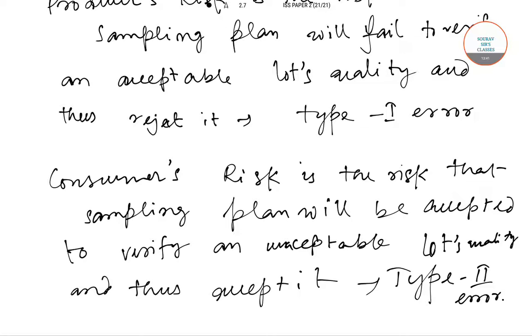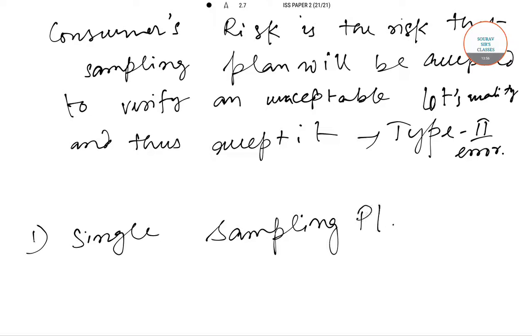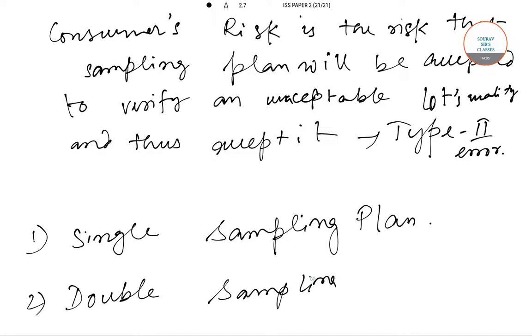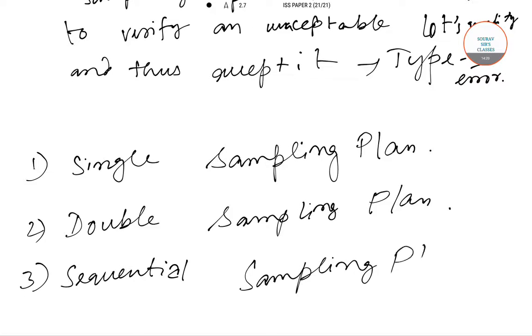Now there are mainly 3 types of sampling plan: single sampling plan, then double sampling plan, and finally sequential sampling plan.